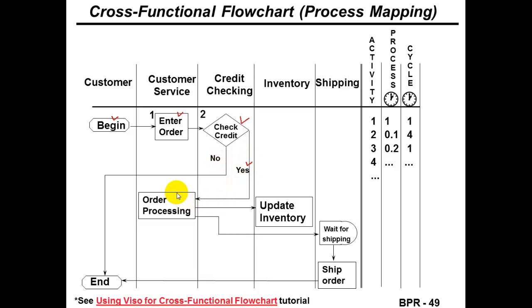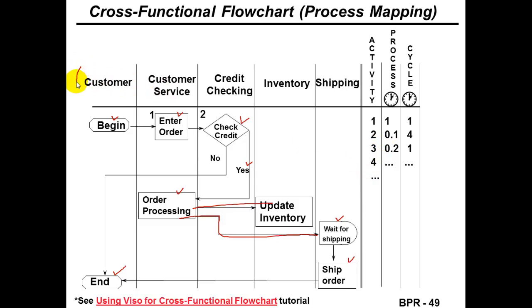If it's approved, then we'll process this order by updating the inventory and send a notification to the shipping department, waiting for the shipping department to pick the order and ship it out. Once it's shipped out, the product will be received by the customer. That will indicate the end of this process.